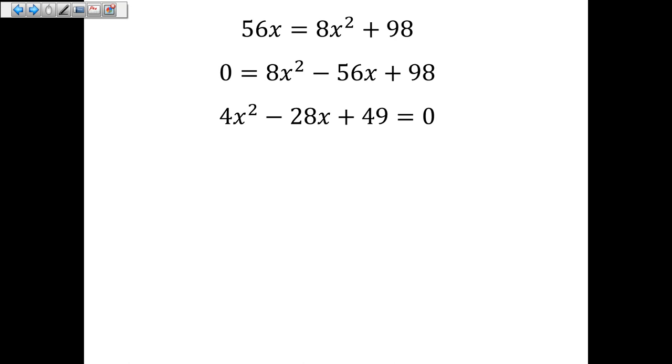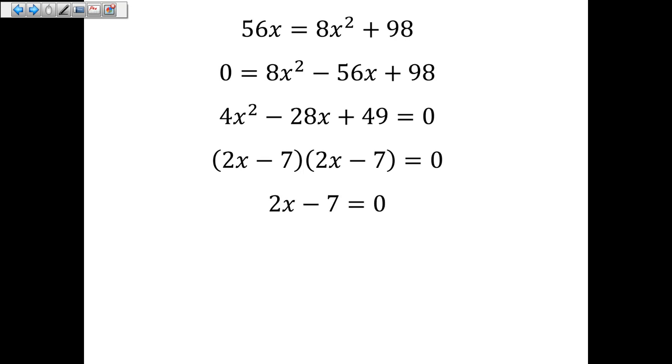Now I need to factor the trinomial. So it's going to factor into 2x minus 7 times 2x minus 7. So it didn't exactly look like it at the beginning, but it was actually a perfect square trinomial. Now I only need one of these 2x minus 7s. I don't need to set them both equal to 0. I'm just going to set one of them equal to 0, and I'll solve for x. And I get x equals 7 halves.